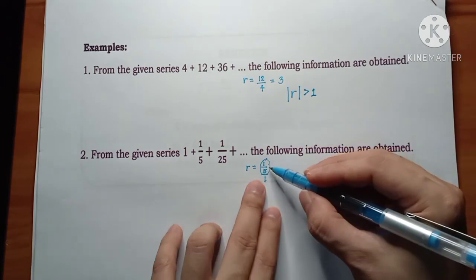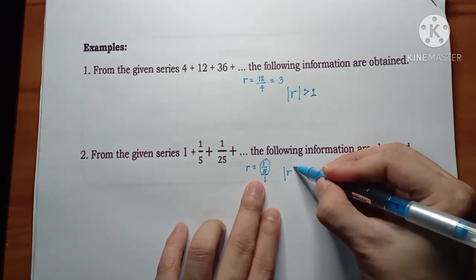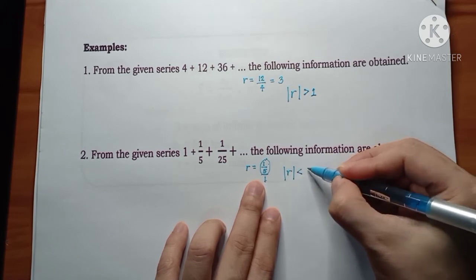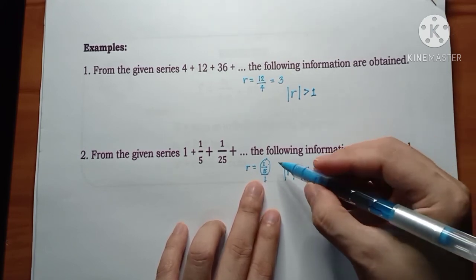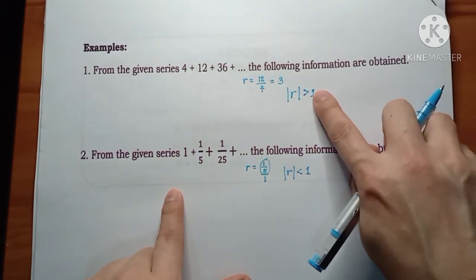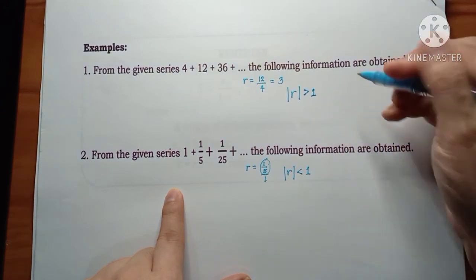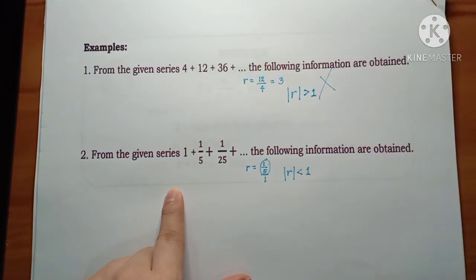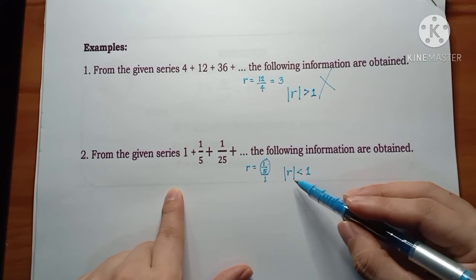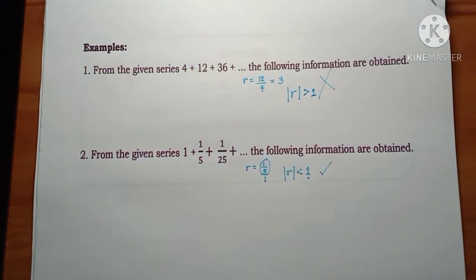At ang 1/5 ay less than 1. So, r is less than 1. Kaya makukuha natin ang ating sum to infinity. Hindi kagaya dito na greater than 1 siya kasi ang ating r ay 3. Kaya hindi natin makukuha ang ating sum. Pero dito, since less than 1 siya, ang ating r, makukuha natin ang kanyang sum.